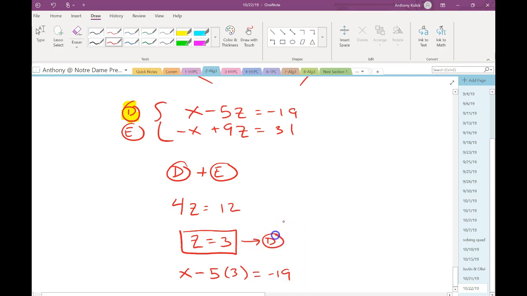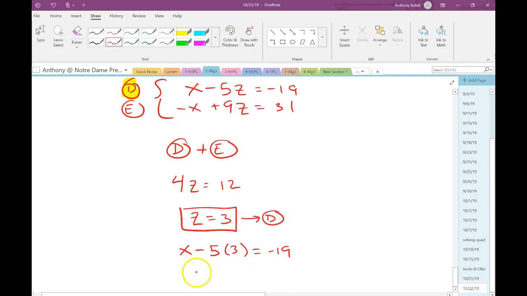I'm going to plug that into D. So when I add 15 to both sides, I get negative 4 for x. Everybody okay with that? So we have 2/3 of our answer.